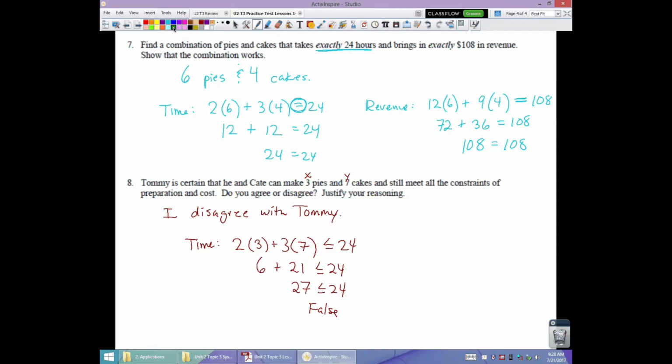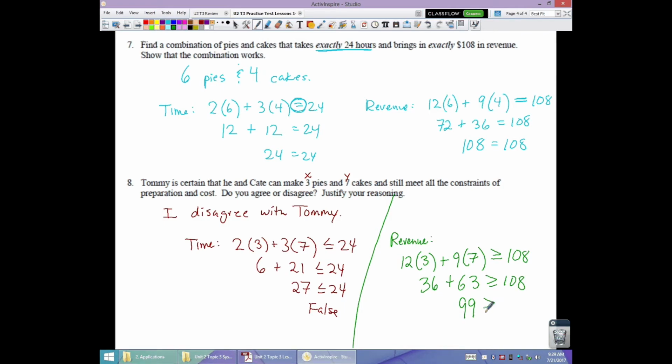Now, if you went further, or instead, I guess, if you did revenue, that would be $12 for each of those 3 pies, plus $9 for each of those 7 cakes, supposed to be greater than or equal to 108. Well, 36 plus 63 is only 99, and that is not greater than or equal to 108.